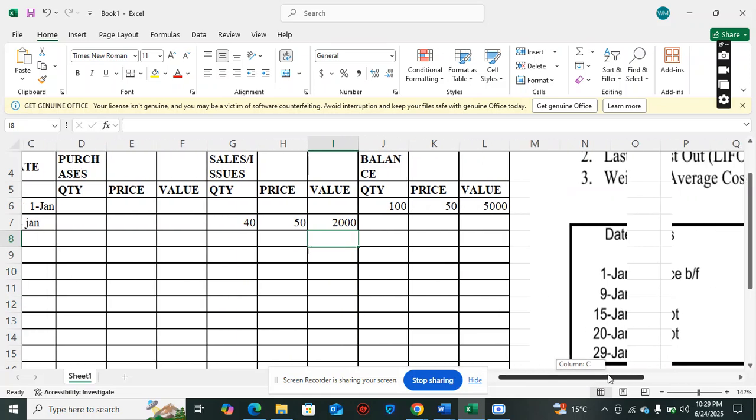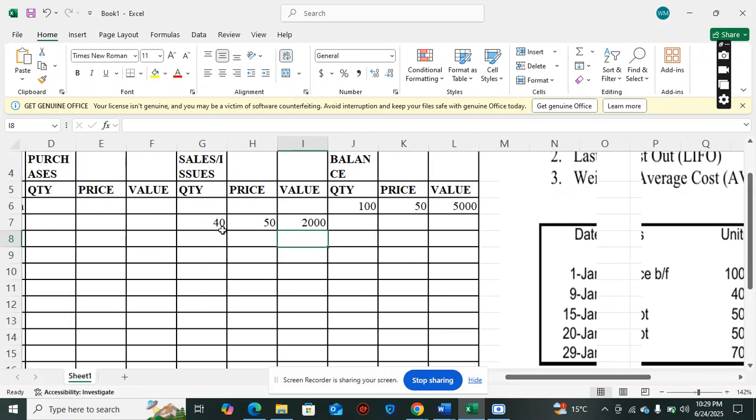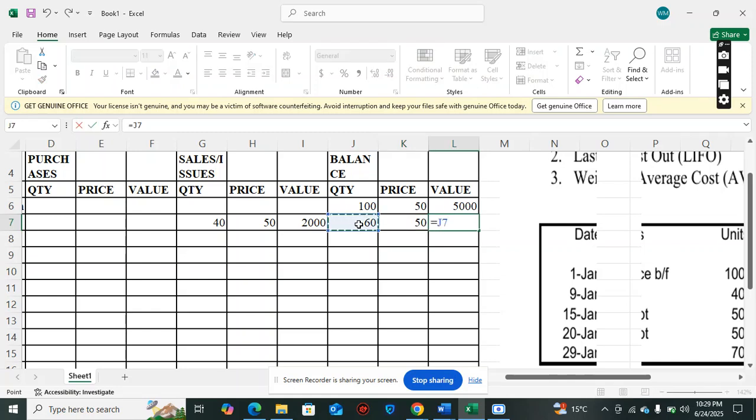Since this inventory has been issued out, we had initially 100 units and issued out 40, so we're remaining with 60 units valued at 50 kwacha per unit. 60 times 50 is 3,000.